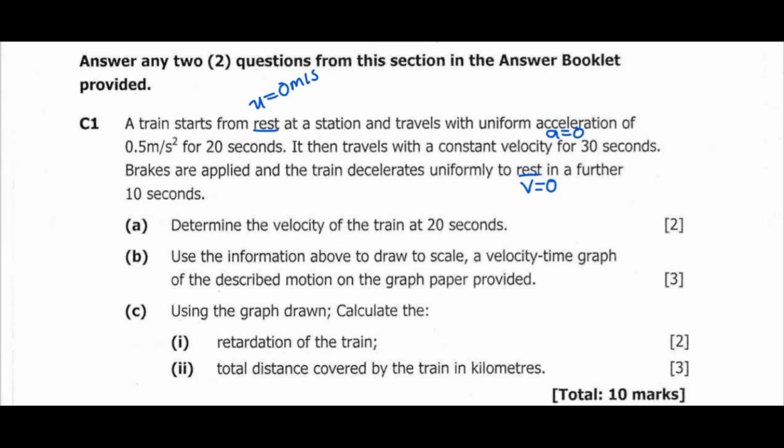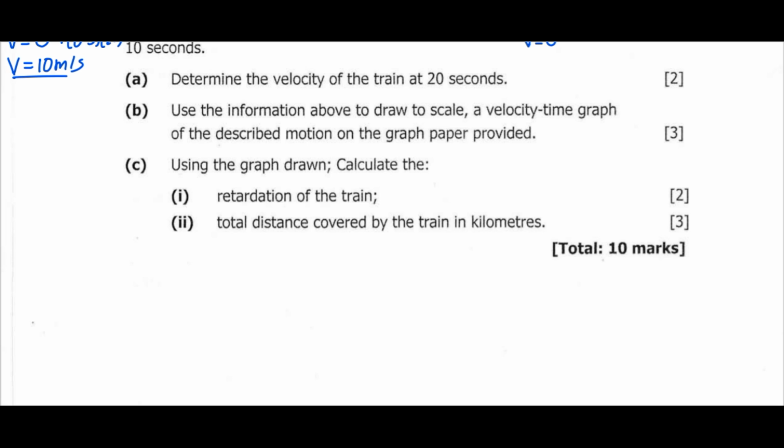The formula we are going to use is V equals U plus A T. Since it's from rest, U is 0. Acceleration is 0.5, time is 20. So 0.5 times 20 is 10, plus 0. The final velocity is 10 meters per second.